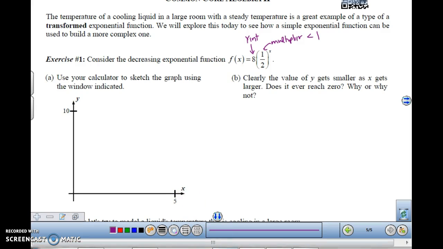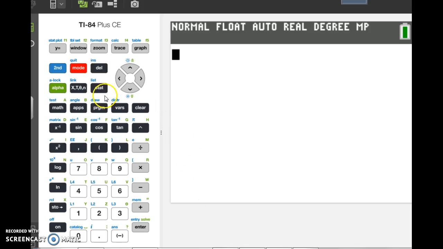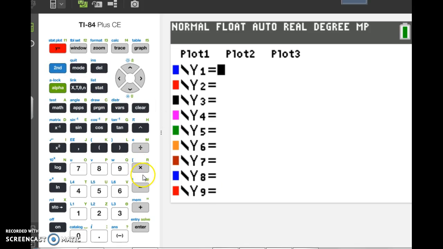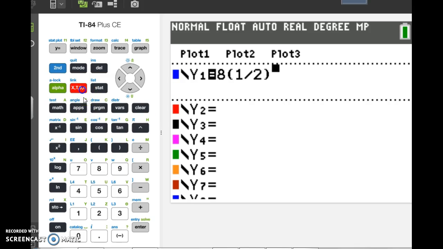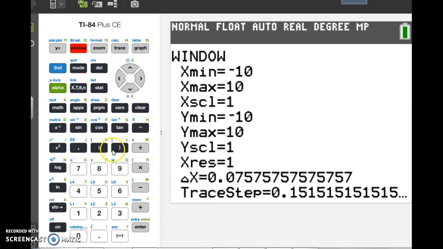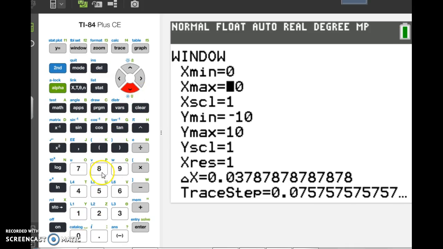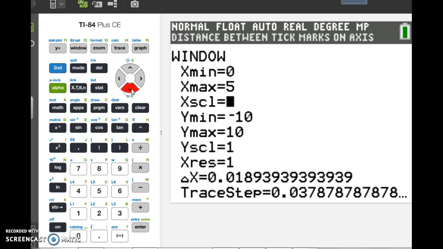So my y-intercept is going to be at 8. Let's see if we get that. So y equals 8 times 1/2 raised to the x. And I want to set my window. My x's were from 0 to 5, and my y's were from 0 to 10.